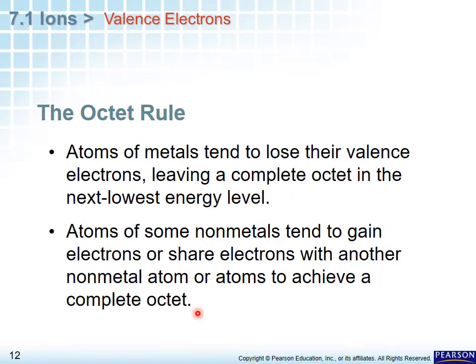Okay, next, atoms of the metals tend to lose their valence electrons, leaving a complete octet in the next lowest energy level. So most metals donate electrons, and because they donate the electrons, they lose the outer shell. Atoms of some non-metals tend to gain electrons or share electrons with another non-metal atom or atoms to achieve a complete octet.